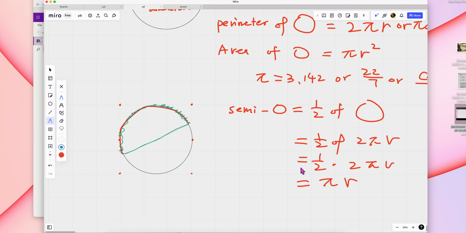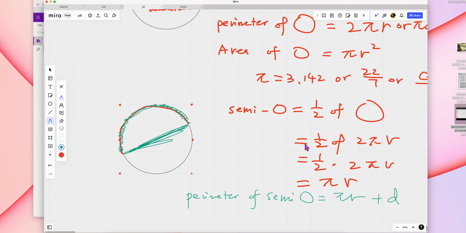In this case, the perimeter of this semicircle will be pi r, which is over here, the arc, this is called the arc, plus the diameter. Okay? So it really depends on what the r is, then you can figure this out.